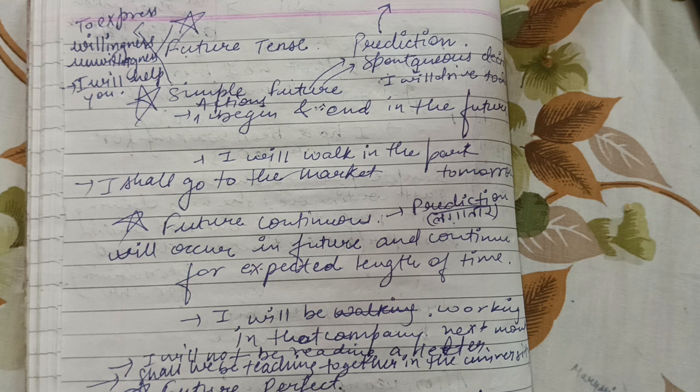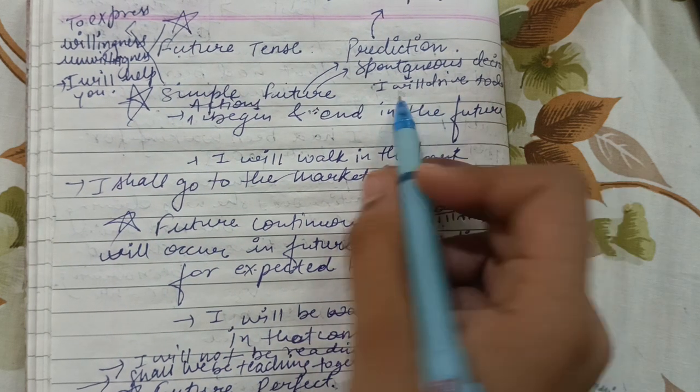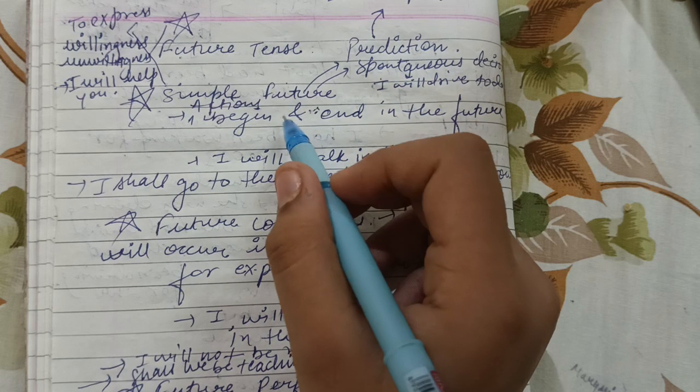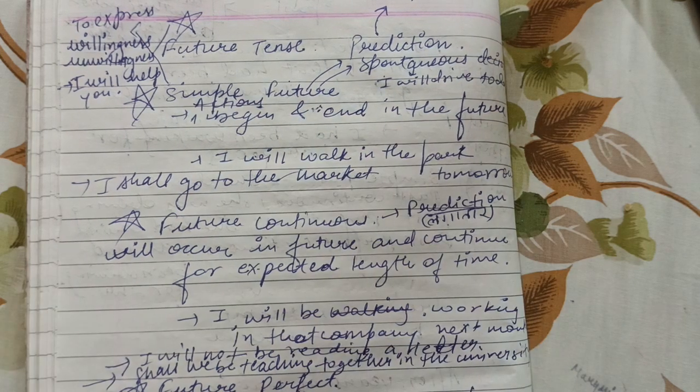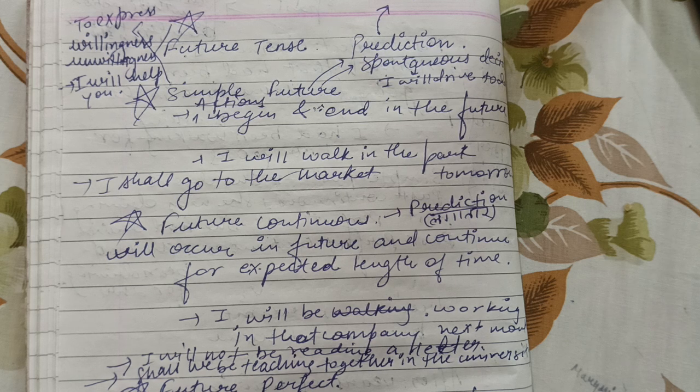So here, "you will drive" is a spontaneous decision made by you, hence it would be in future tense. Also, if you understand the meaning, you will understand that this particular thing will happen in the future, and hence we use simple future for that.